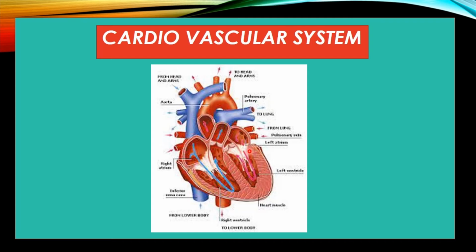Here this is also separated by a wall that is called the atrioventricular septum, and in between the wall there is a small hole, and this hole is guarded by a bicuspid valve, and this is by a tricuspid valve. This you can see later in a detailed manner.